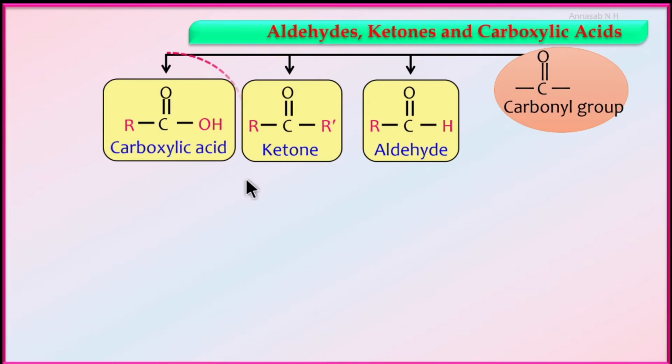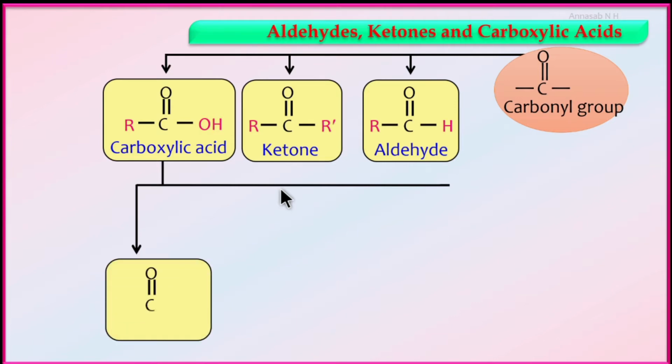So this carboxylic acid has a number of derivatives just by the replacement of the OH group. Out of which the first one, the C double bond O group remains as it is along with R. Instead of OH, now it is OR. Such type of compounds are known as esters.